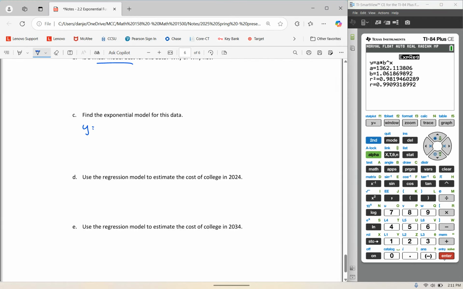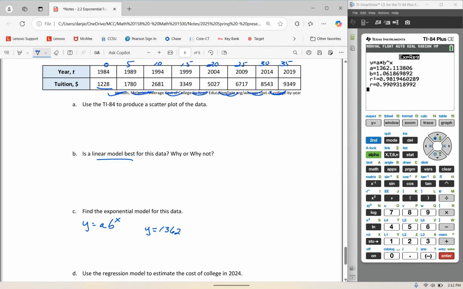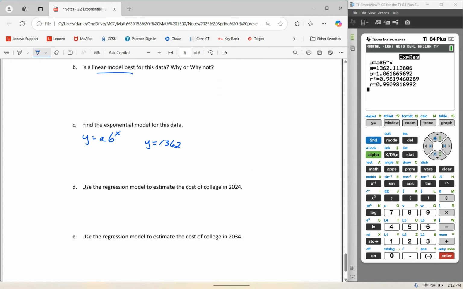Notice it has y equals a times b to the x. A is 1362, which is not exactly the 1228 from my observed value, but it's what would be expected based on this regression equation, with a b of 1.062 to the x.